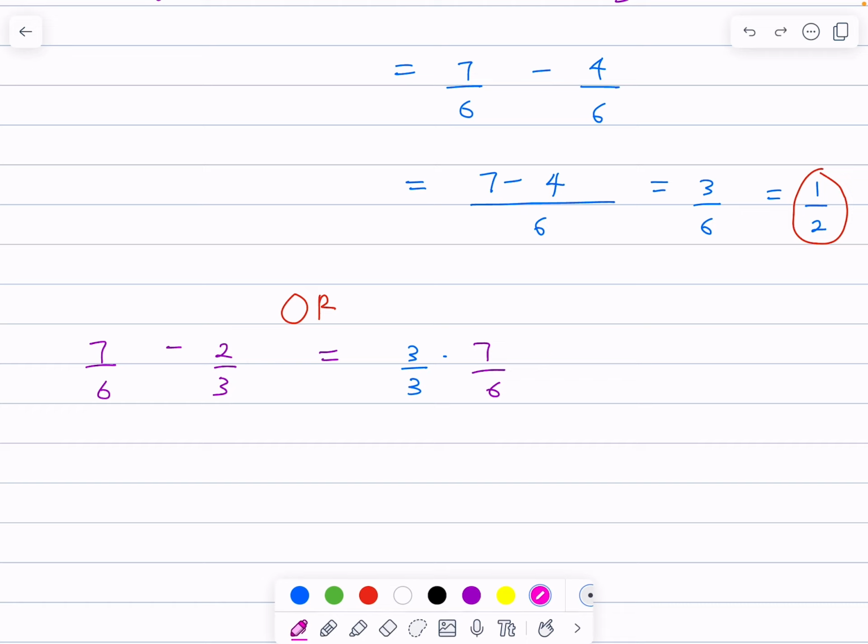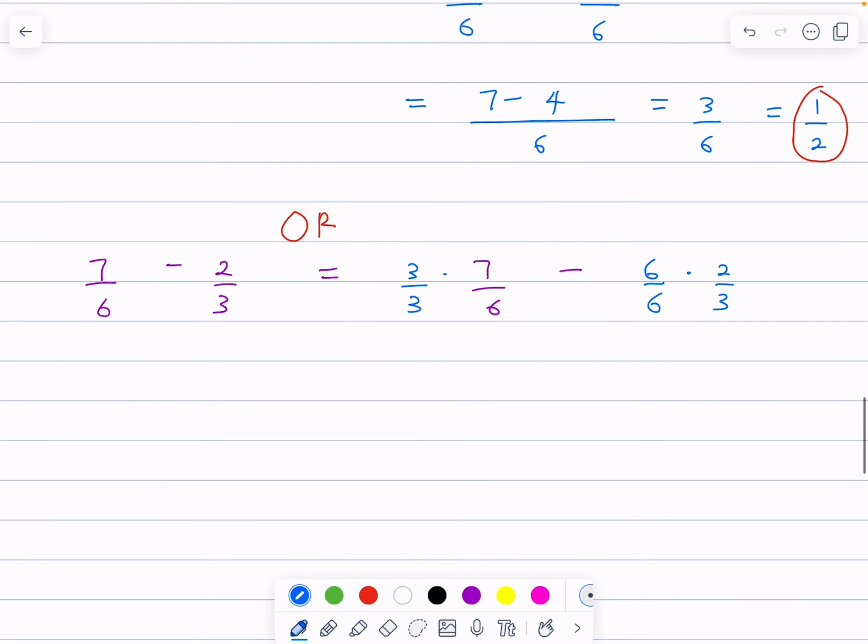So now this is just going to be 6 over 6 times 2 over 3, right? So now this is going to be equal to 21 over 18 minus 12 over 18.